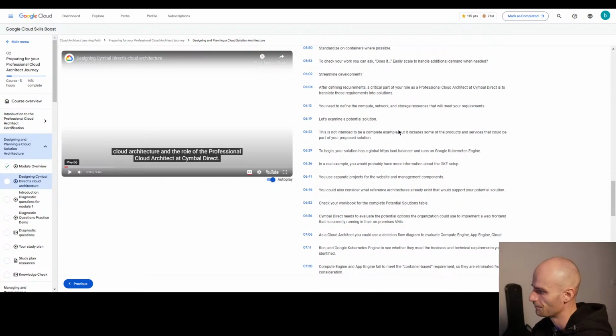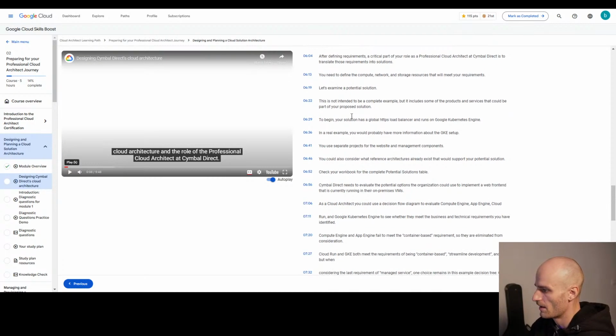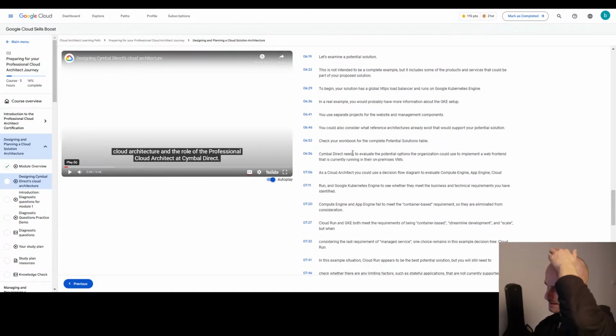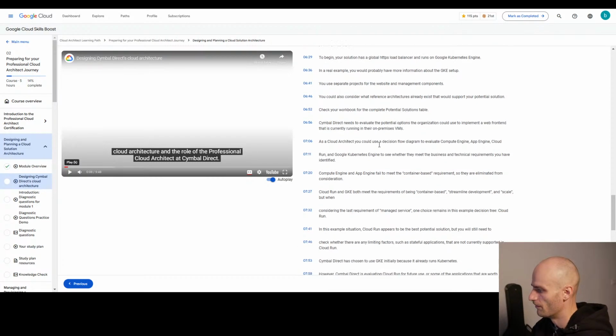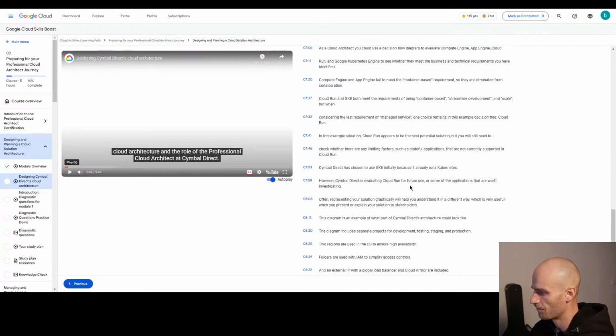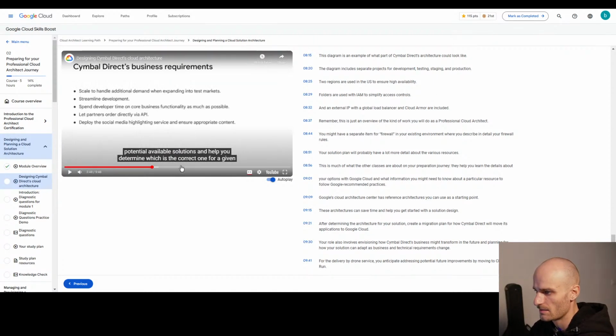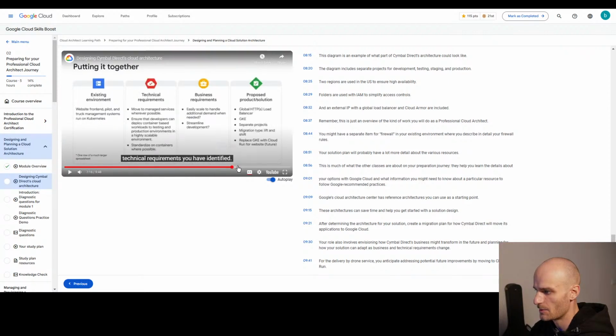Let's continue. So there are also some other requirements, like containerizing whenever you can, streamlining development, and scalability. Okay, so we already have some examples.